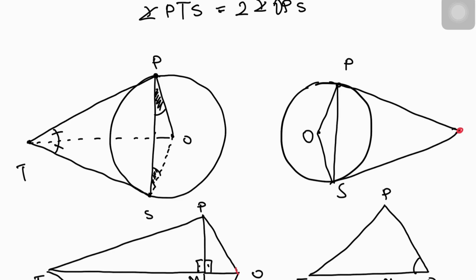Given is a circle, and there is a point outside the circle, and two tangents constructed from that point.